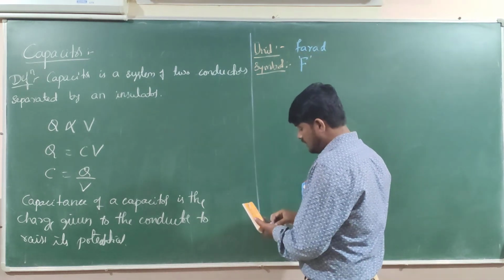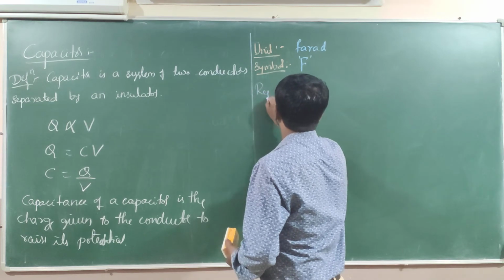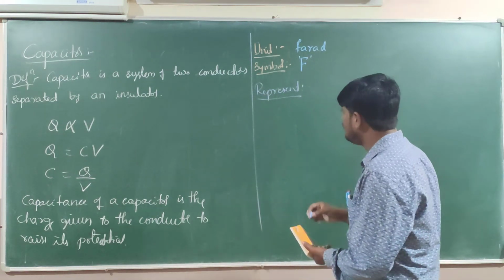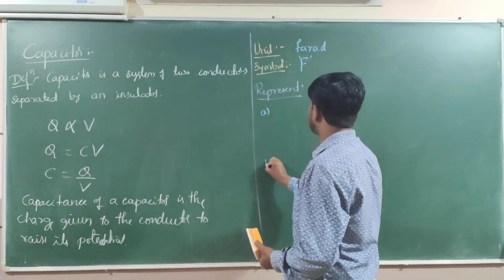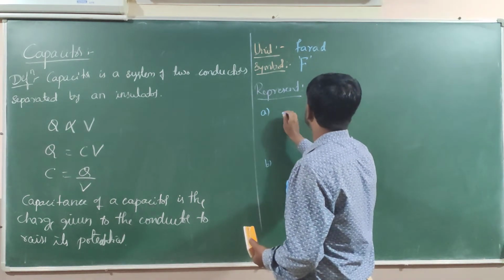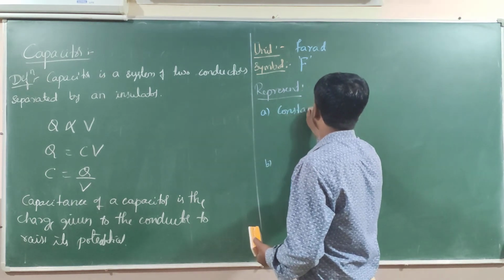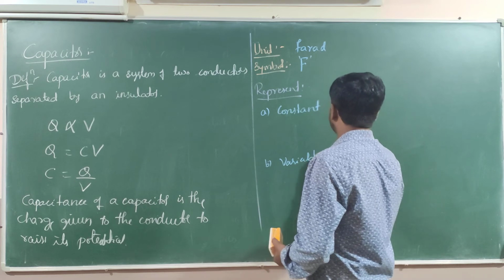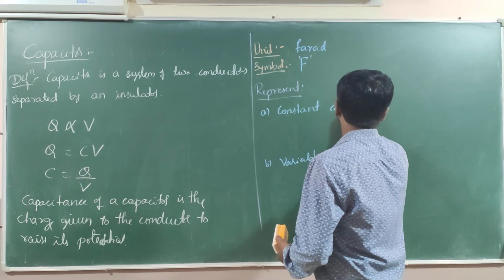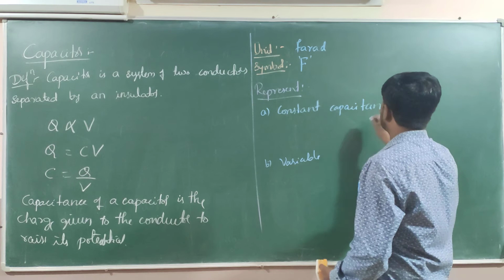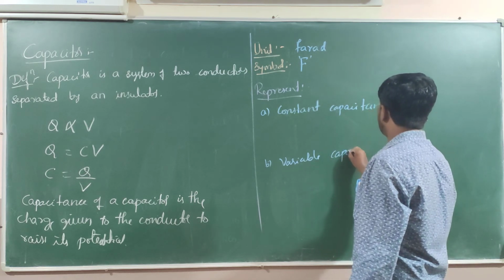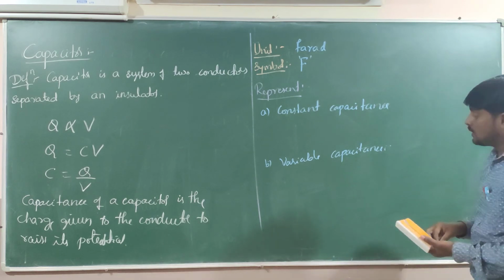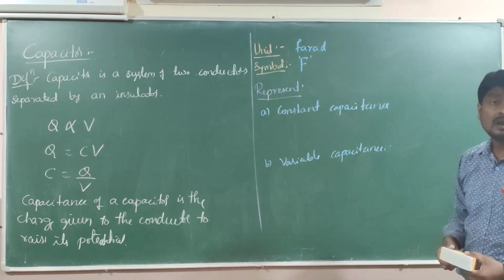Then, how to represent the capacitor? There are two ways to represent it. One is constant capacitance and another one is variable capacitance. While drawing this, care must be taken.